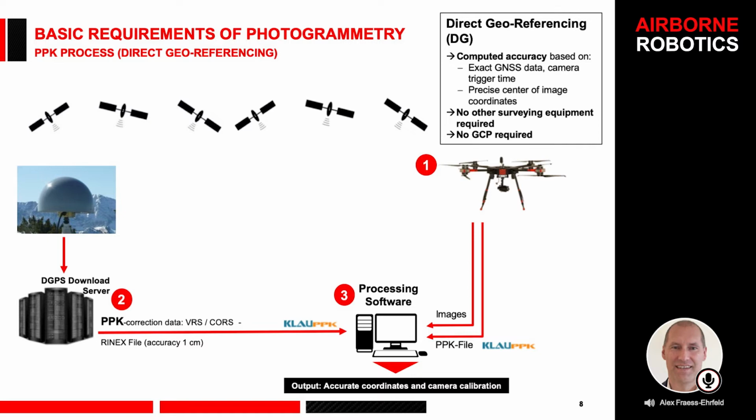And then you get an output, which are accurate coordinates and the camera calibration data. And with that output as a text file, typically, you can use that information and data to do post-processing in third-party software that you might have or which you might choose.